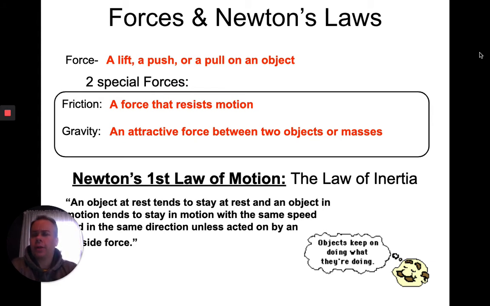We talked about it in relationship to planets, in that a larger planet will have a stronger force of gravity attracting objects to it, and a smaller planet will have a lower force of gravity. So we'll be including these forces of friction and gravity as we move on through this section of our notes.